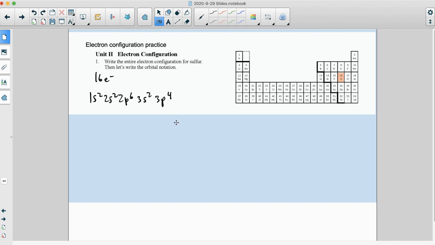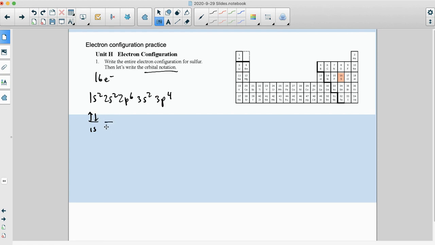There's my electron configuration. Now we're going to write something called the orbital notation, which shows how the electrons are in the actual orbitals. So we draw a line for each orbital in the subshell, and we put a little label on it. In each orbital, we can have up to 2 electrons, one spin up, one spin down.